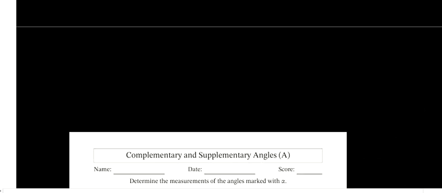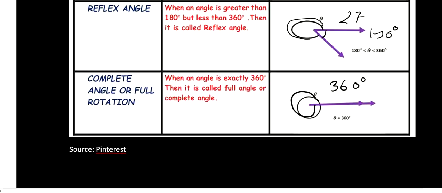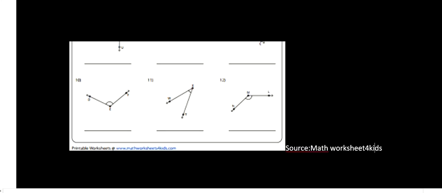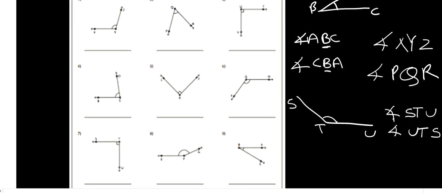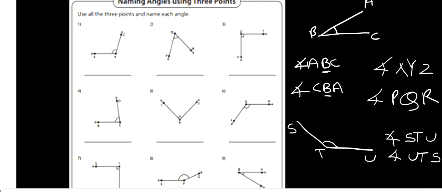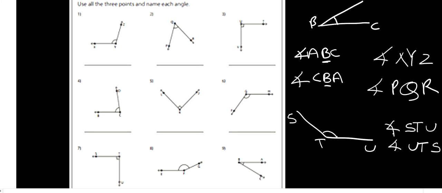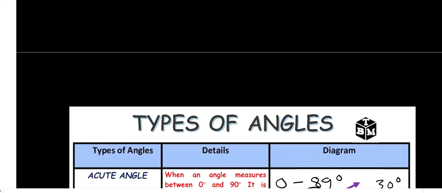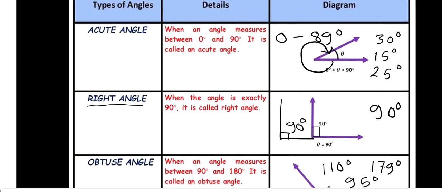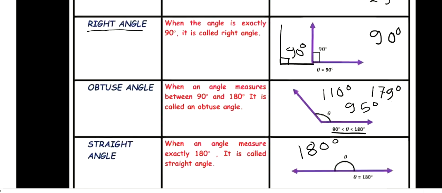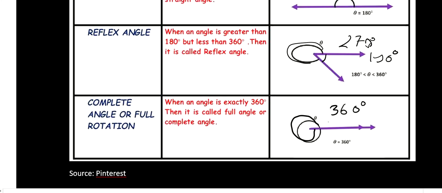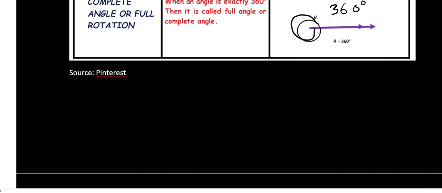So let's revise what we learned in today's video. First, we learned about naming an angle, in which we need to make sure the middle point is in the middle and the other two points can be on either side. Then we learned about the types of angles: acute angle, right angle, obtuse angle, straight line, reflex angle, complete turn, and so on.